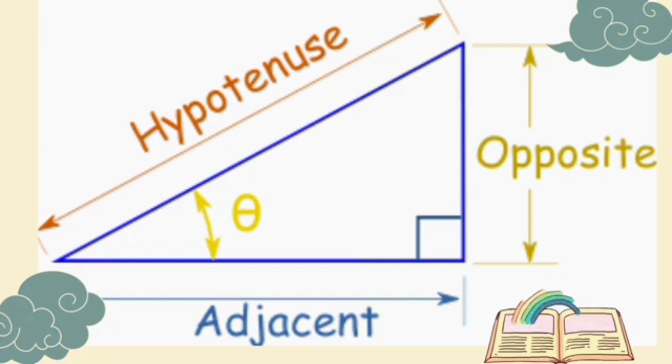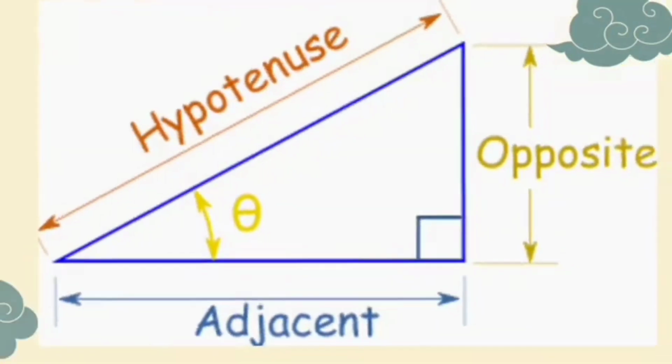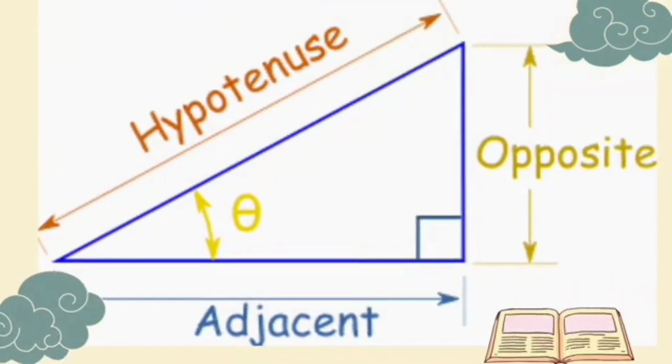The opposite side is the side that is opposite the angle of reference in the right-angled triangle. In the right-angled triangle displayed here, the opposite side is the side opposite or facing the angle theta.